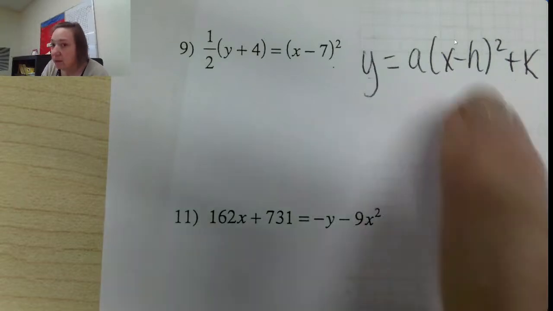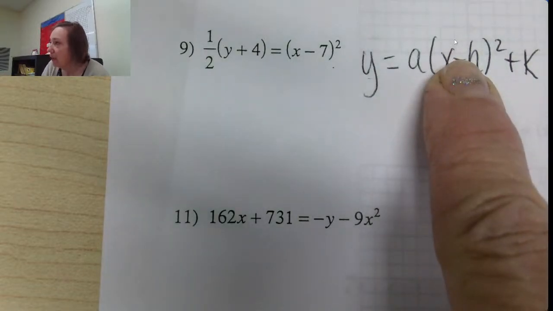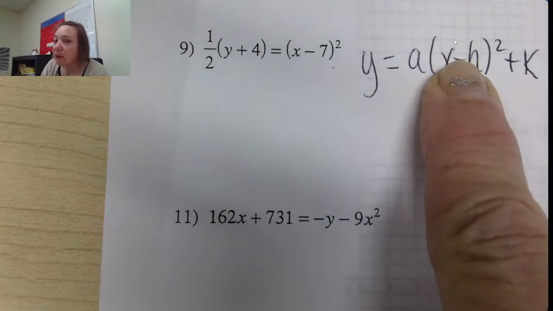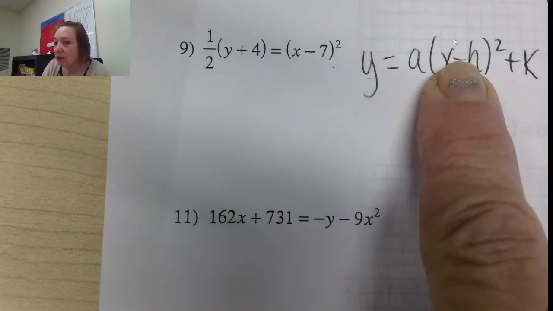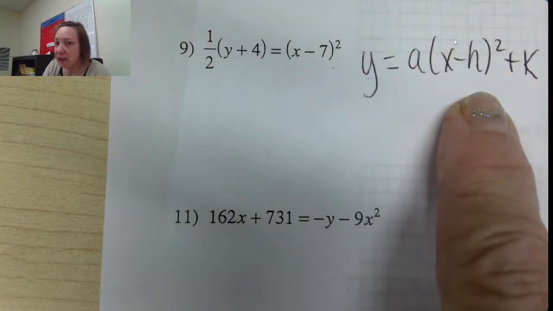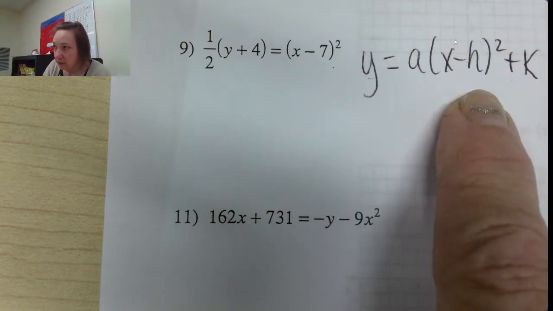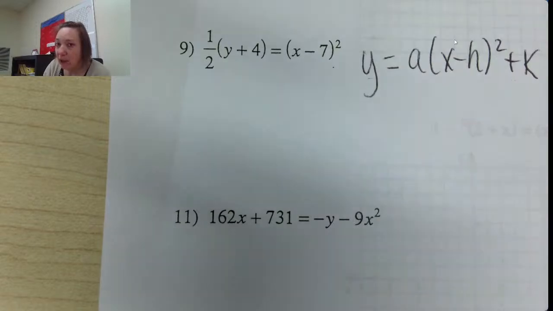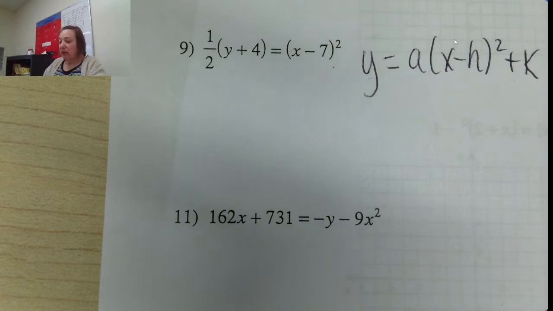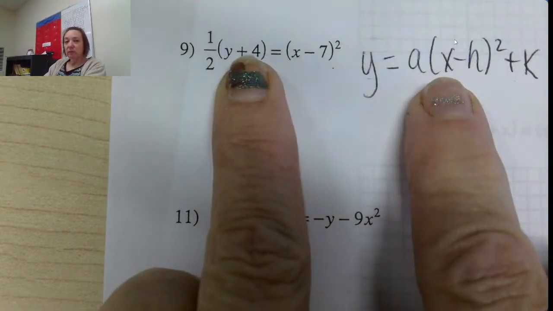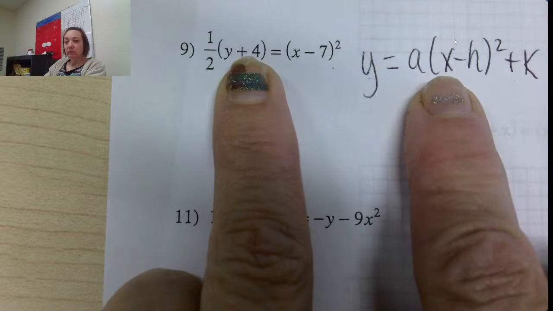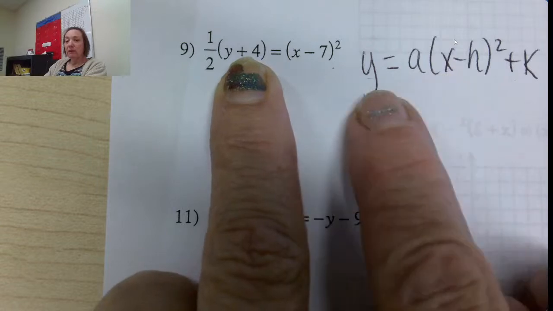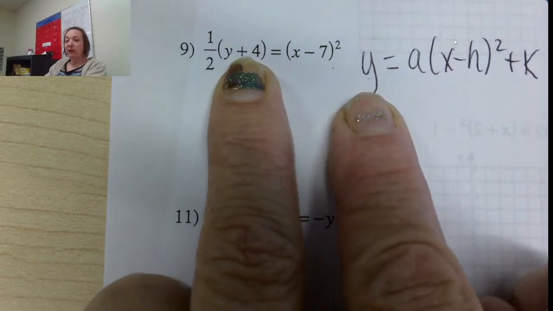That's this right here. Now, why does it not look like this equation? What about it is not like this? Or what is it that we need to change or make different if you compare these two?